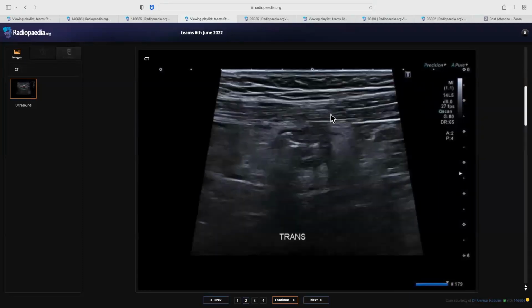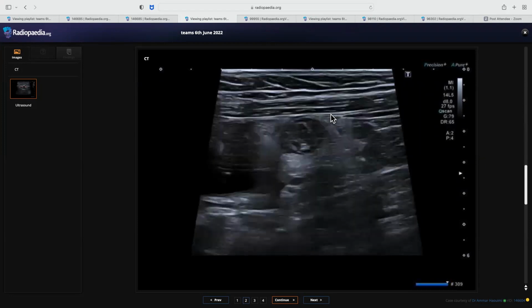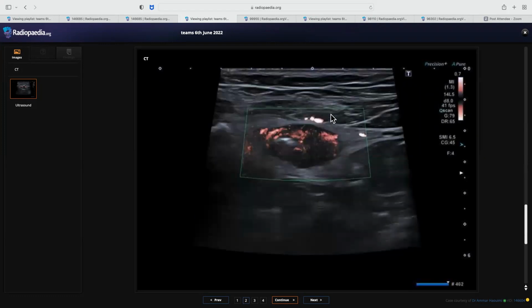There is an elongated hypoechoic structure seen on the longitudinal section, giving a target appearance on the transverse section. It shows areas of vascularity on color Doppler imaging.